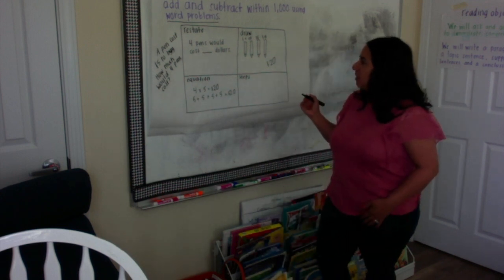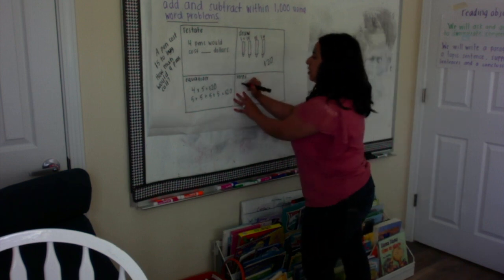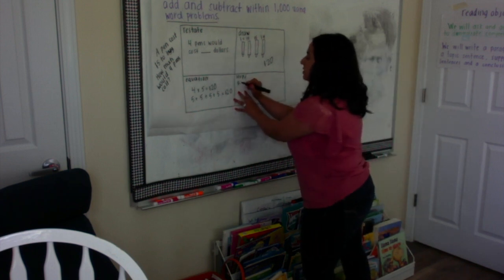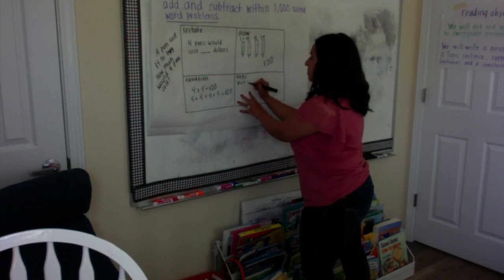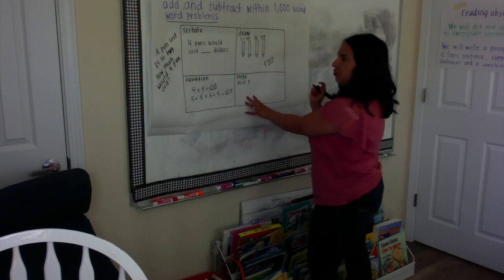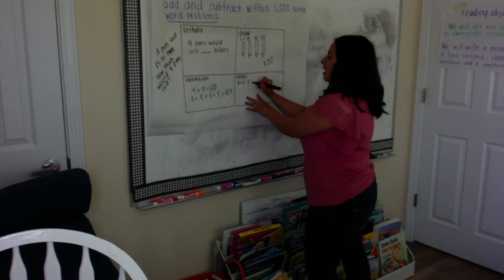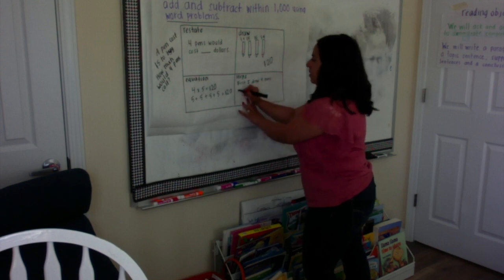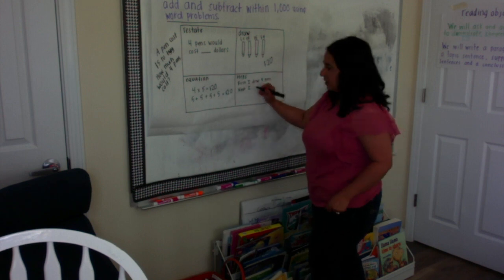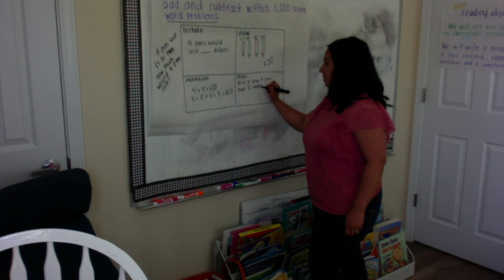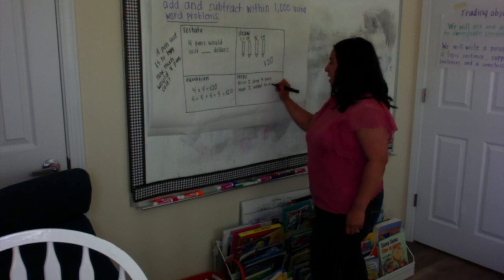Okay? Now the next one is the steps that you took. So you need to say first, what did we do first? First, I drew 4 pens. Next, now what was the next thing we did? You can say I added 5 plus 5 plus 5 plus 5.